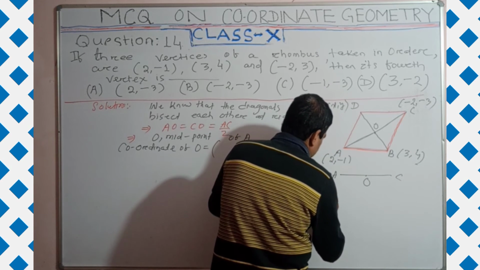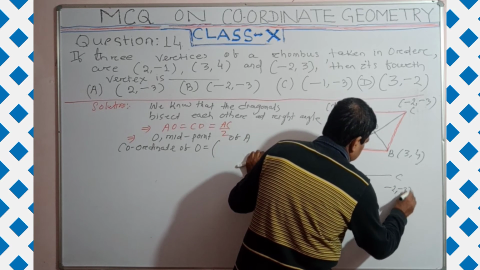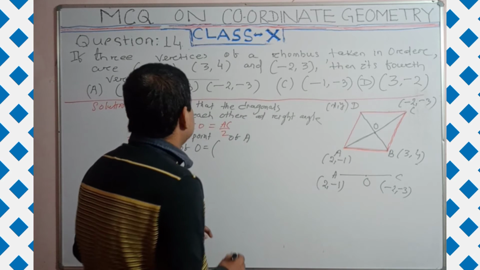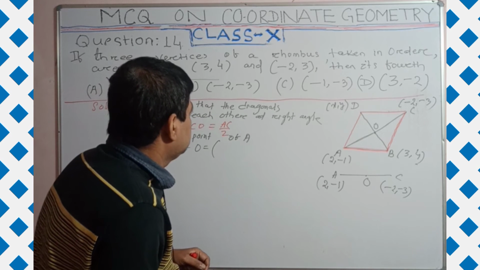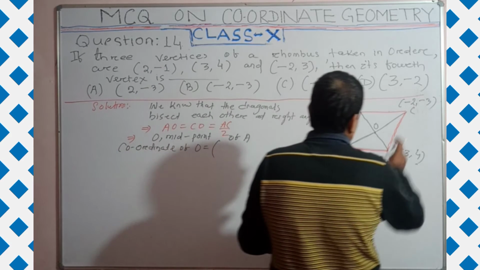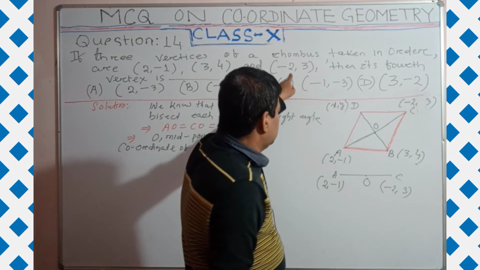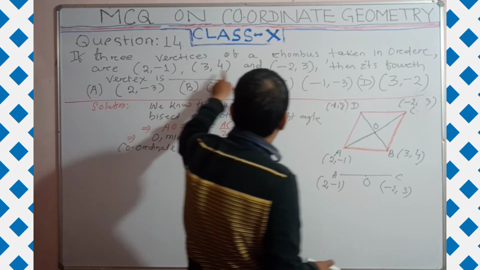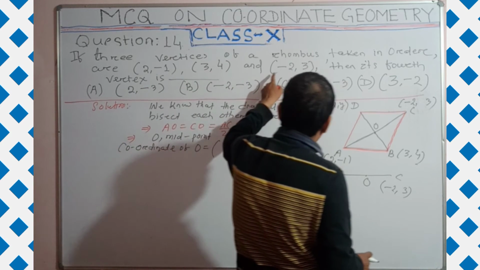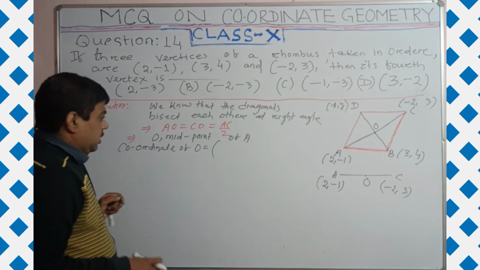The coordinate of A is (2, -1) and the coordinate of C is (-2, 3). Sorry, students, plus 3 is given. The coordinate of C is (-2, 3). Let us check.